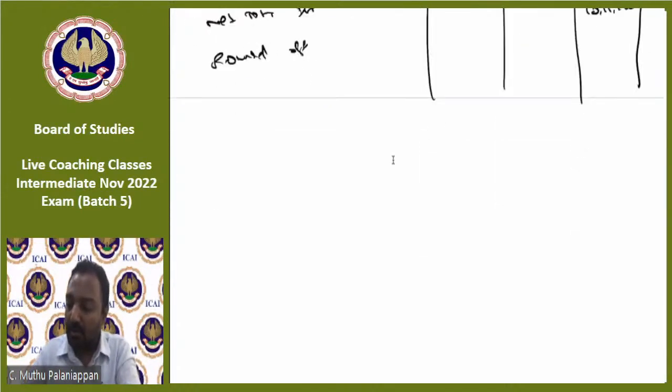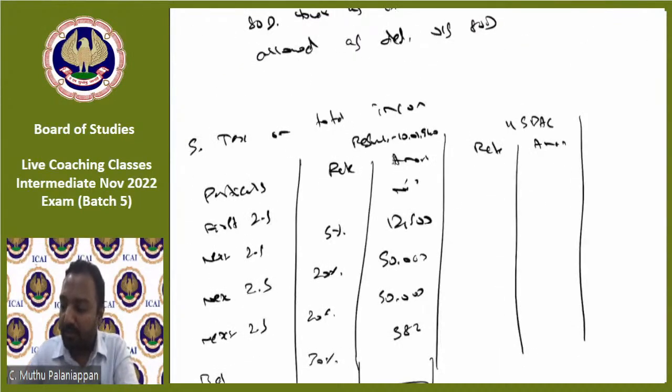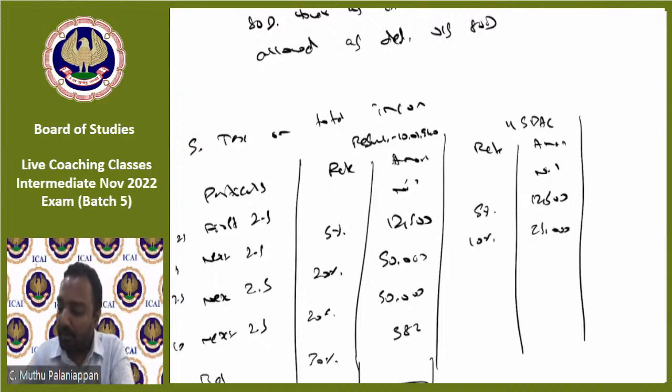So again, we'll go to this 5. For the first 2.5, it is nil. Then you have 5%, that is 12,500. Then you have 10% on the next 2.5, that is 25,000. For the next 2.5, it is 15% on 2.5, that is 37,500.